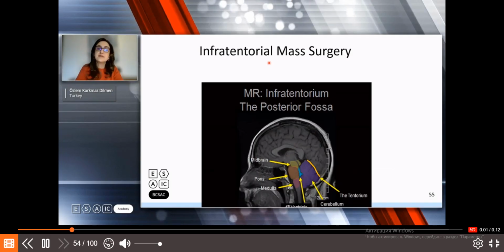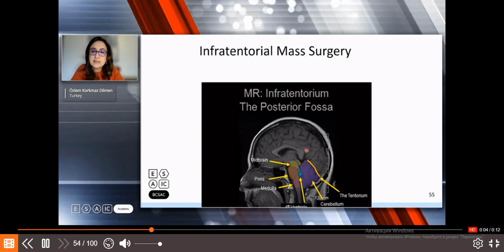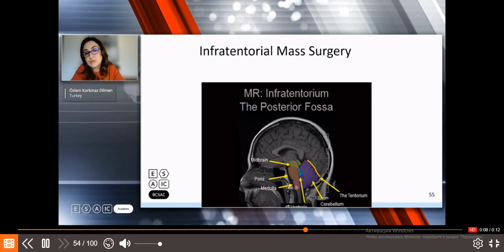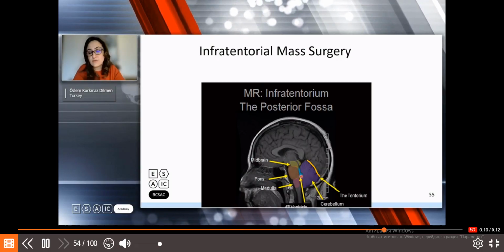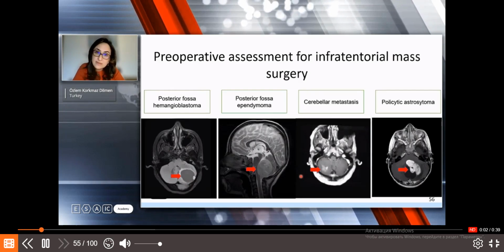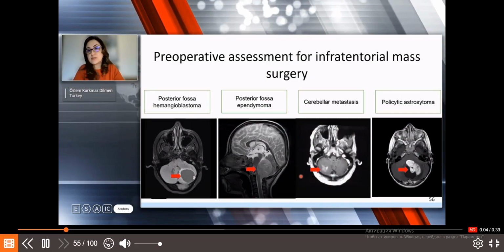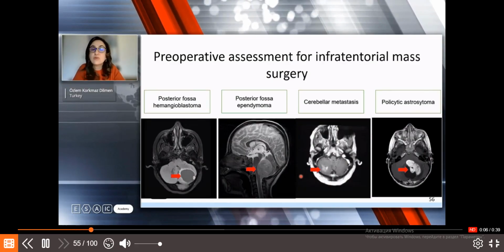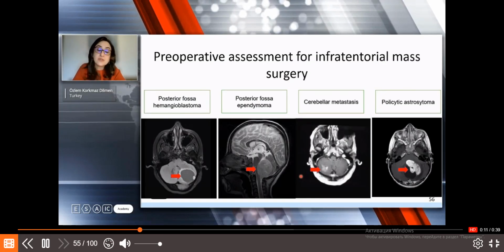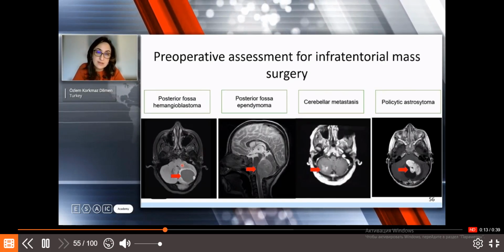Let's look at the infratentorial space. It consists of the cerebellum, midbrain, pons, medulla, and the fourth ventricle. At the preoperative assessment, the images are very important. Those patients can come with hemangioblastoma, such as here.